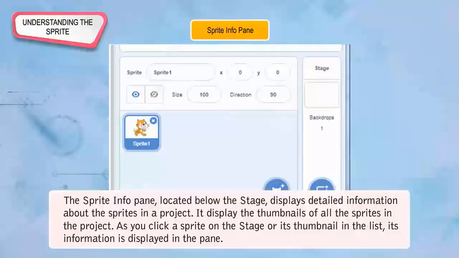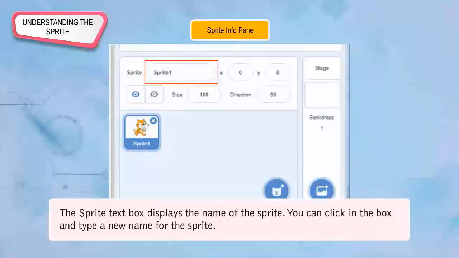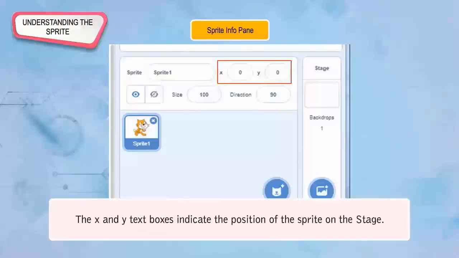As you click a sprite on the stage or its thumbnail in the list, its information is displayed in the pane. The sprite text box displays the name of the sprite. You can click in the box and type a new name for the sprite. The X and Y text boxes indicate the position of the sprite on the stage.